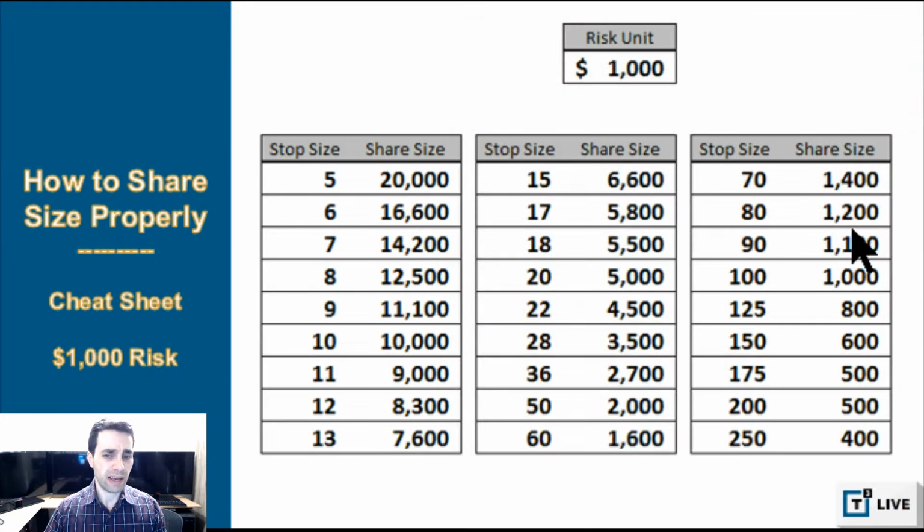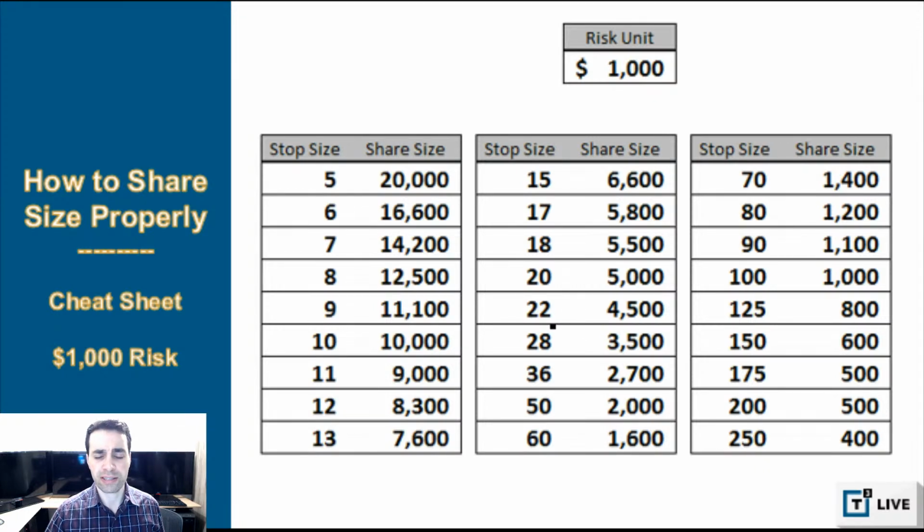So actually this goes only to 250 cents. So if it's $5.50, I would just say 5 cents. $5 would be 200 shares. 5.5, 175. Just kind of estimate it. But my point was, the larger your stop, the less accurate you have to be.